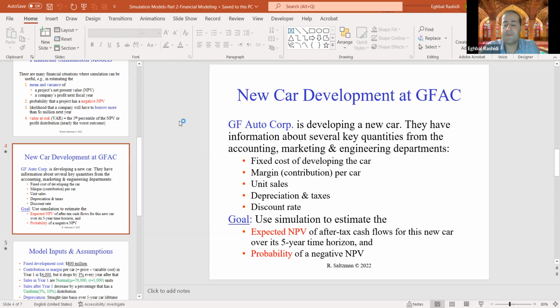For example, the fixed cost, the fixed amount of money that they would need to develop the car, the margin per car, or the contribution per car, the unit sales estimates for different years, depreciation and taxes, and the discount rate to calculate the time value of money. The goal is to estimate the expected net present value for the next 5 years, and also to estimate the probability of getting a negative present value for the new car.